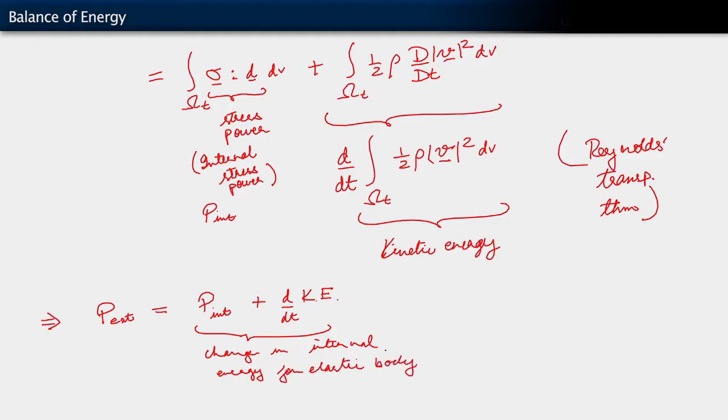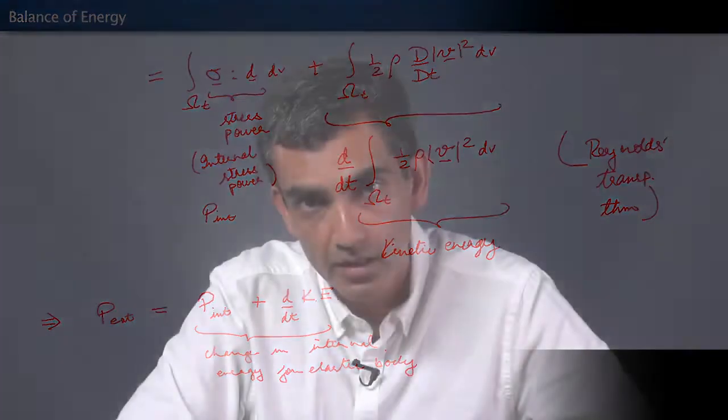I recognize, of course, that we have not yet provided a rigorous definition of what we mean by an elastic body. But for now, just assume that that's the only thing we ever know.